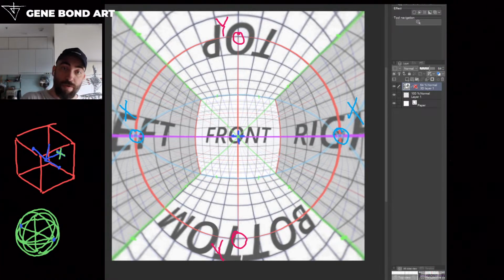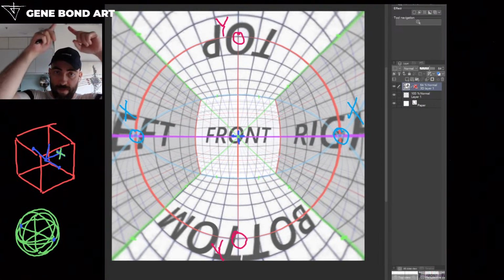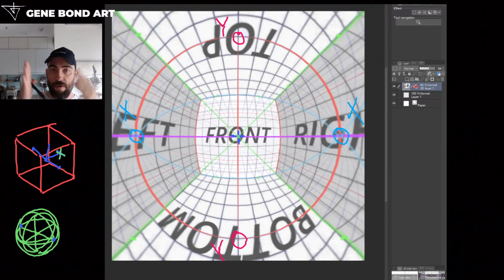And the corners will be the 45-degree angle direction. If top, bottom, left, right, front, back are 90 degrees, then the corners of this invisible box will be 45 degrees.